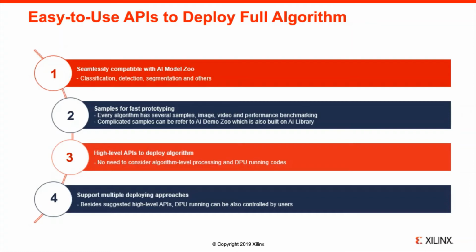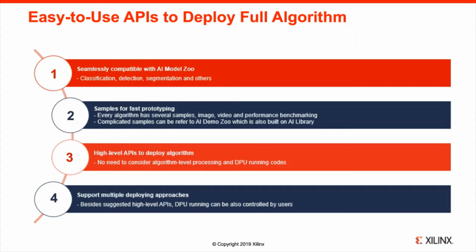And the third one, high-level APIs to deploy the algorithms. Because in our Model Zoo and AI library, we have applied mainstream models, it's more than likely that users have used the same model, but maybe trained with different datasets.